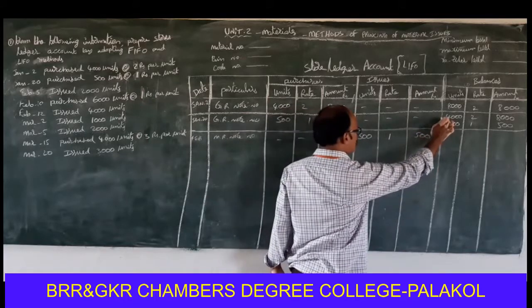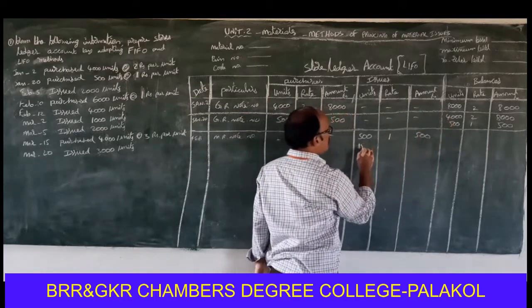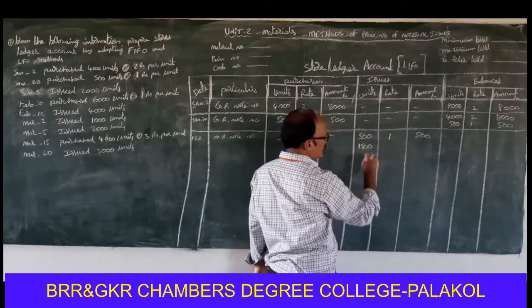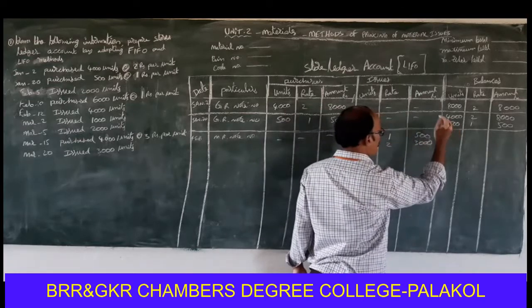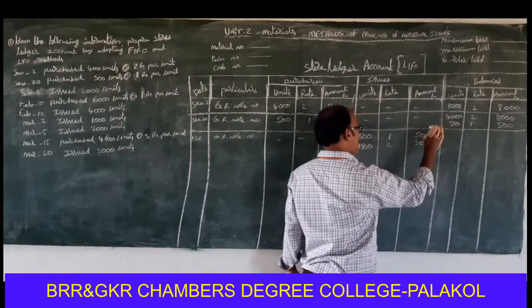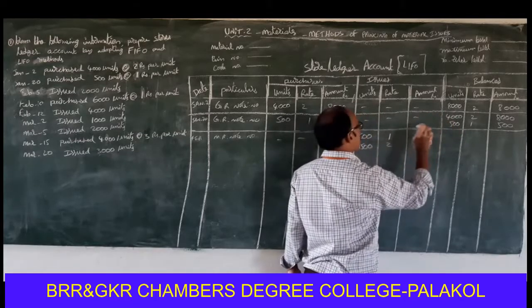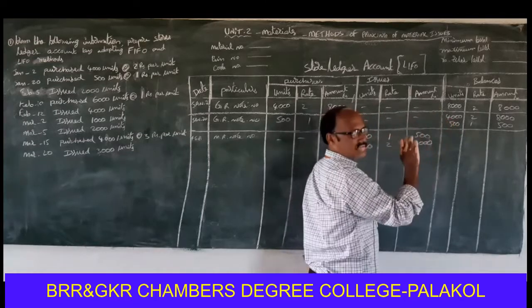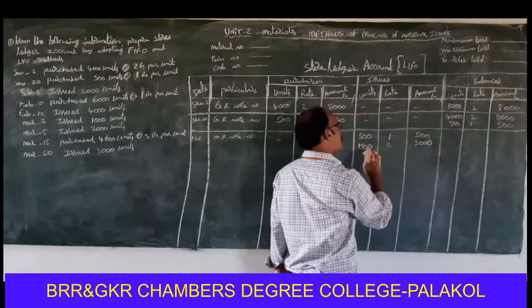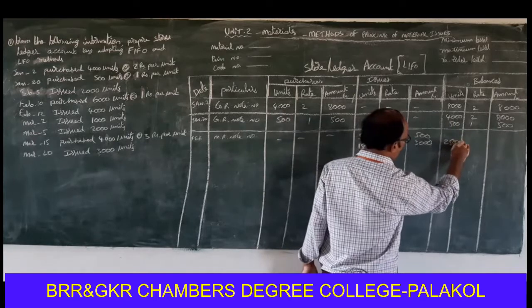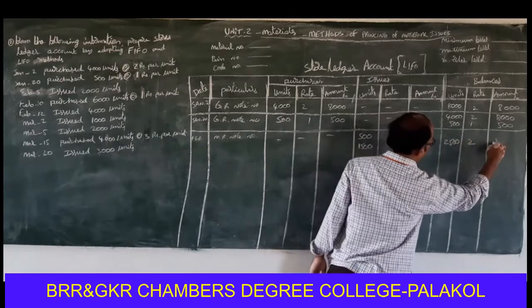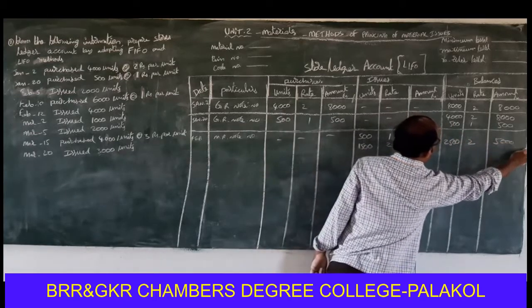So those units are issued from this. The total 500 units released and the remaining 1,500 units released from this. That's why 4,000 minus 1,500 is equal to 2,500 into 2, 5,000.